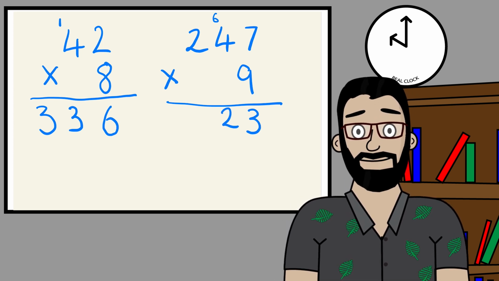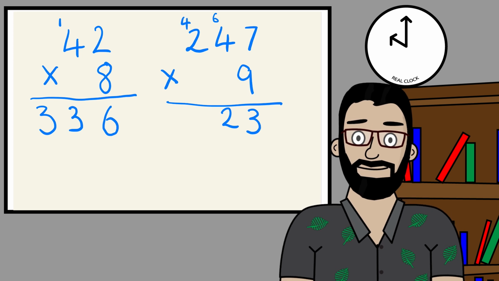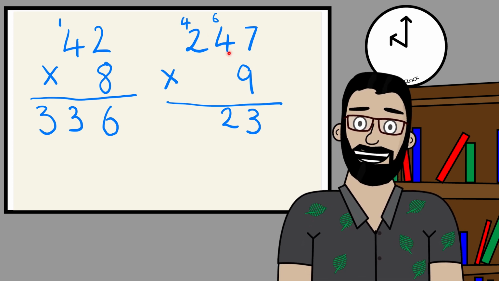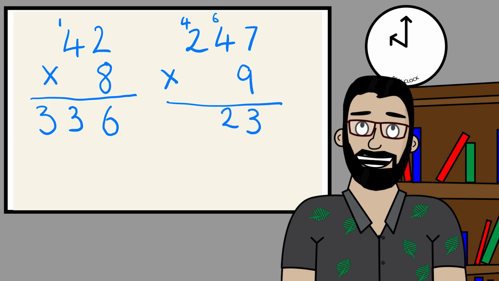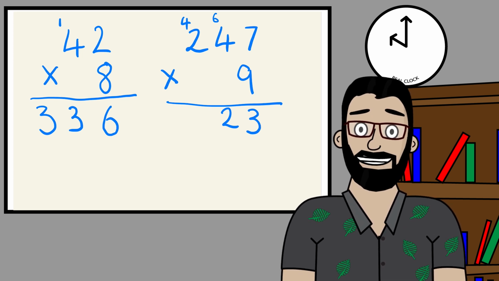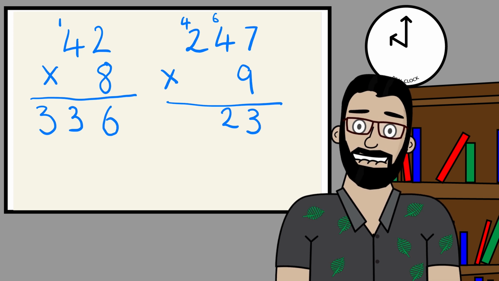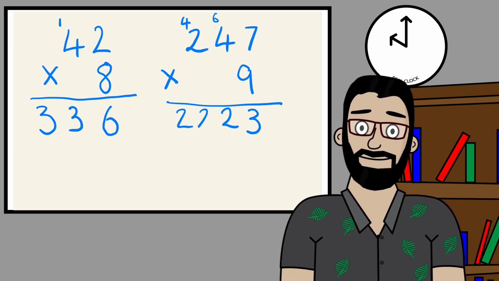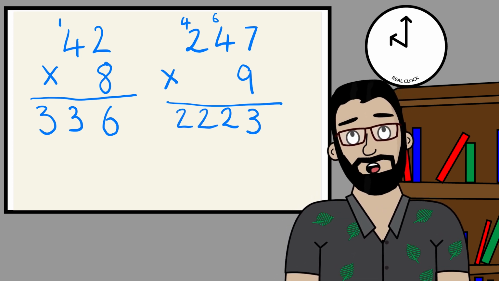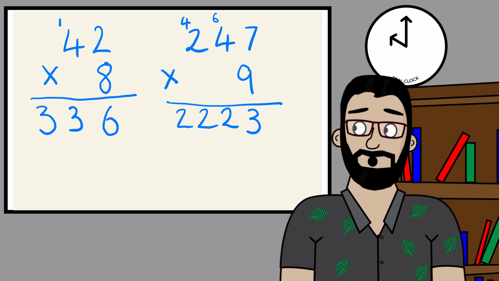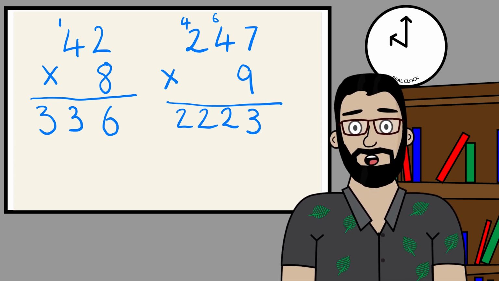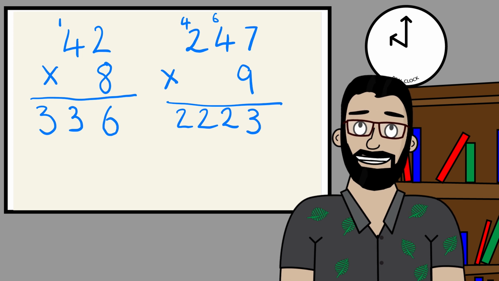Now, our next step is 2 times 9. 2 times 9, easy peasy, 18. 18 plus that 4 up there is 22. So there we go. 247 times 9 is 2,223. Now what we're going to do is we'll get our eraser out and we'll erase the whole thing.